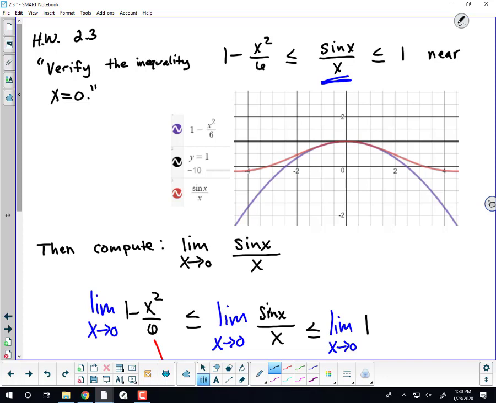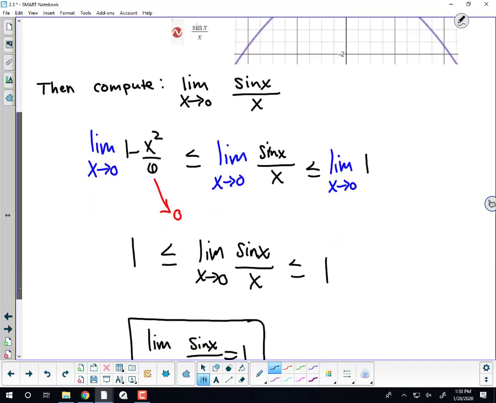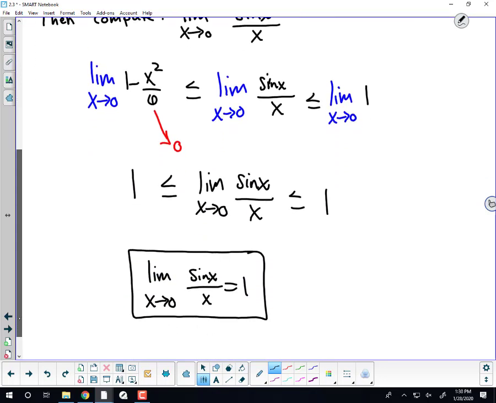It'll probably show up as a short answer question on the exam, worth 2 or 3 points. Everybody okay with this? All right, so that's another method to evaluate limits.